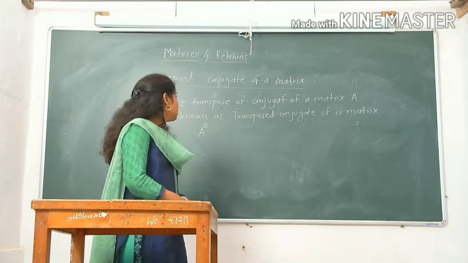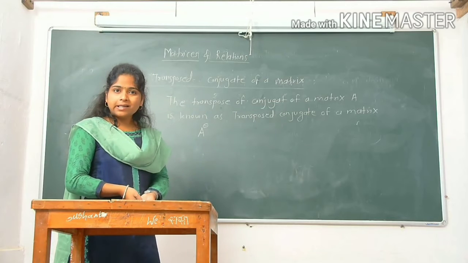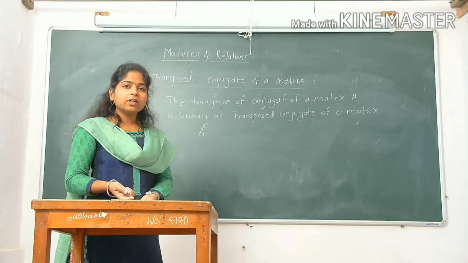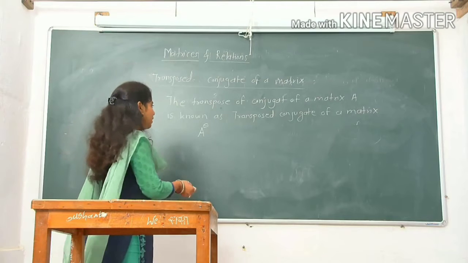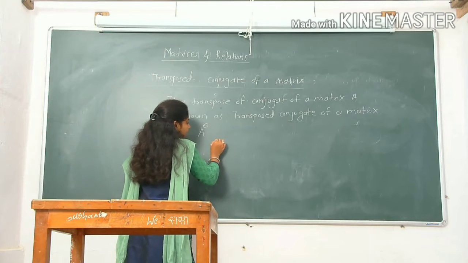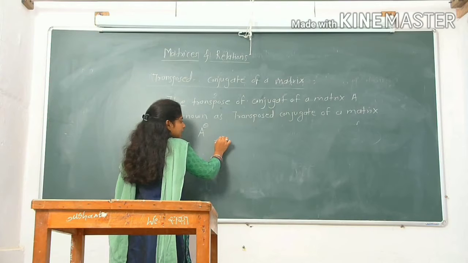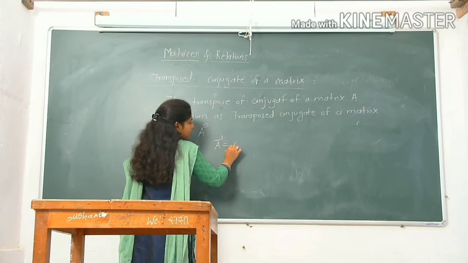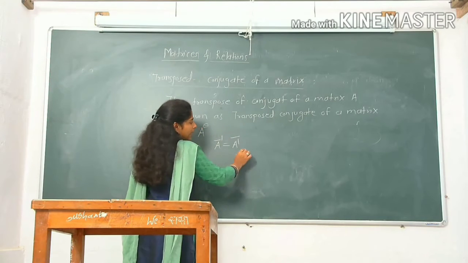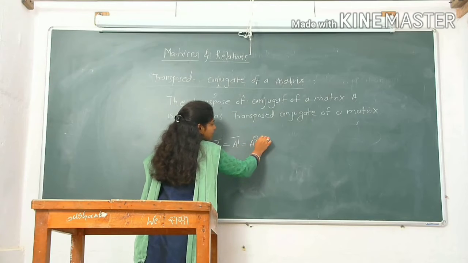Obviously, the transpose of the conjugate of a matrix is the same as the conjugate of the transpose of the matrix. That is, we have A bar dash is the same as A dash bar, which is the same as A raised to theta.